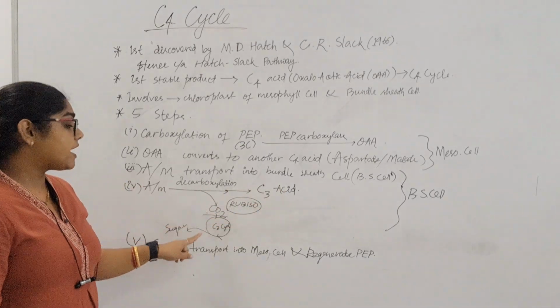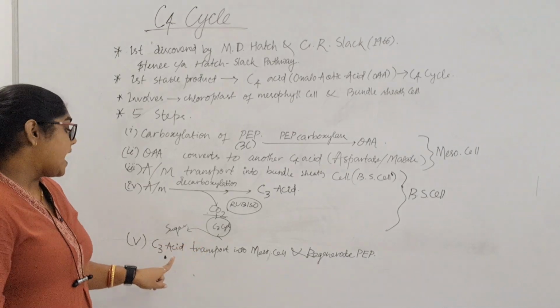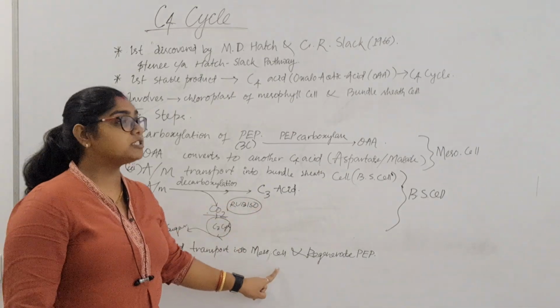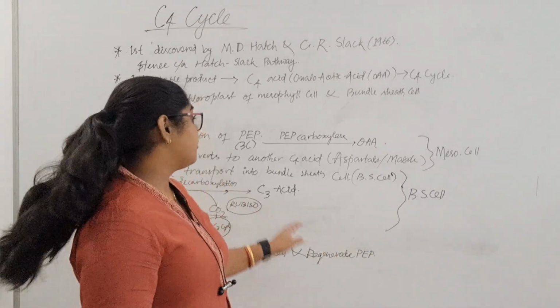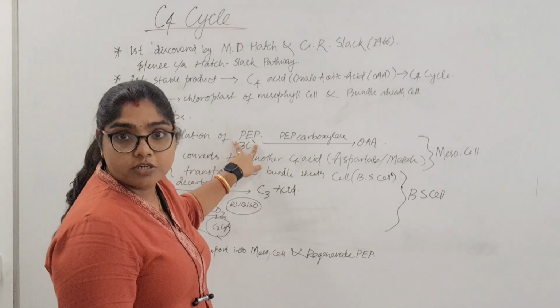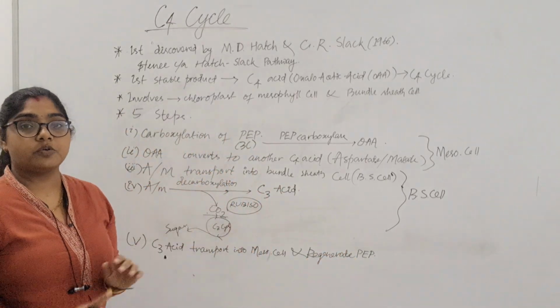This released carbon dioxide will be involved in the C3 cycle, and the C3 acid will be transported back to the mesophyll cell and regenerate the phosphoenol pyruvate, the precursor for the C4 cycle. So these are the 5 steps included.